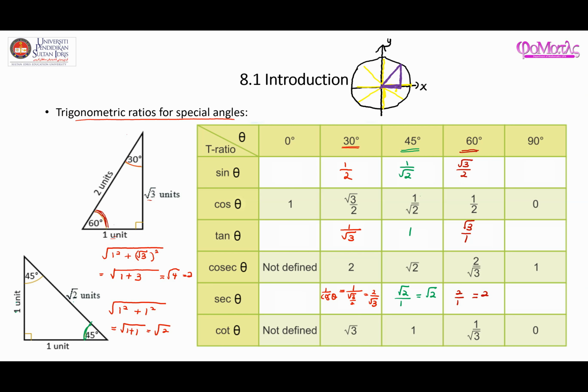Clearly, based on this construction, the length of this side will be 1, because this is the radius.